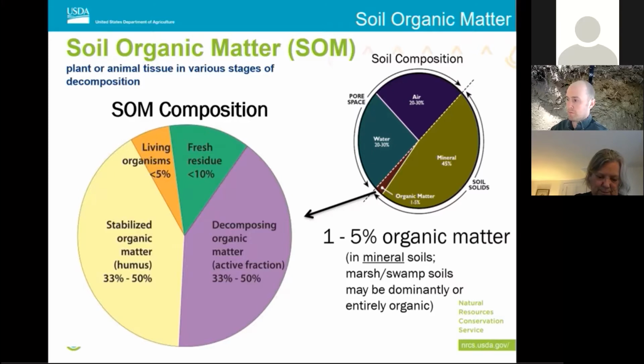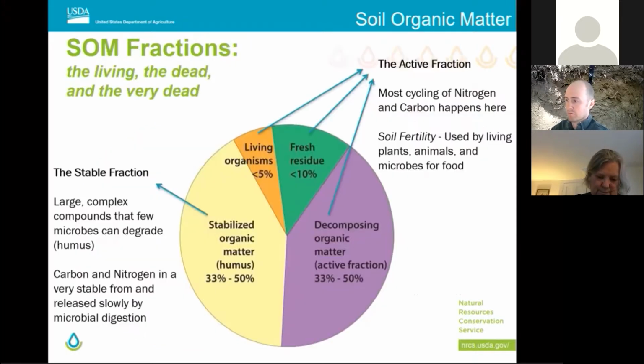We do have soils, say in tidal marshes or in very wet areas like swamps, that may have much higher organic matter content. We have varying levels of stability and activity in that soil organic matter fraction between the humus and the more actively decomposing material.